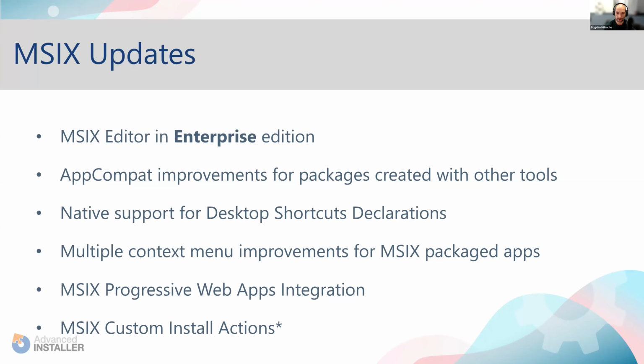The only thing that's worth mentioning here is that you would need to activate developer mode on the machines where you install the MSIX packages. Otherwise, the custom install actions will be ignored, and basically your third-party package will be skipped from installing. We don't know if this will change.